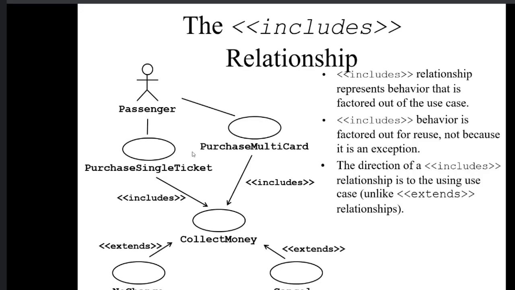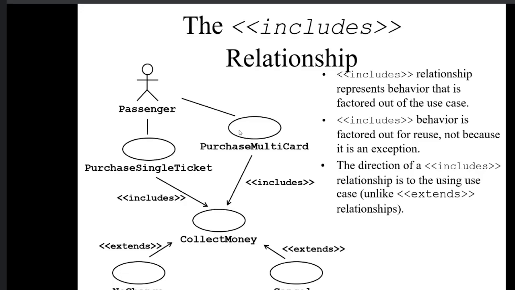What happens here? You can see this purchase single ticket is one functionality, one use case. It includes the collect money portion. Collect money is kept separately because it can be used for other use cases as well.